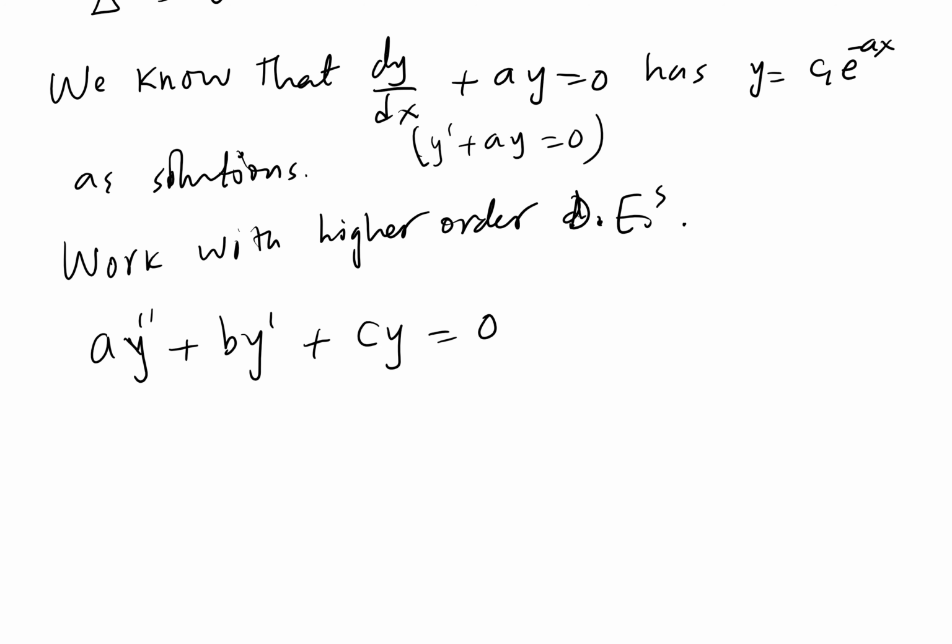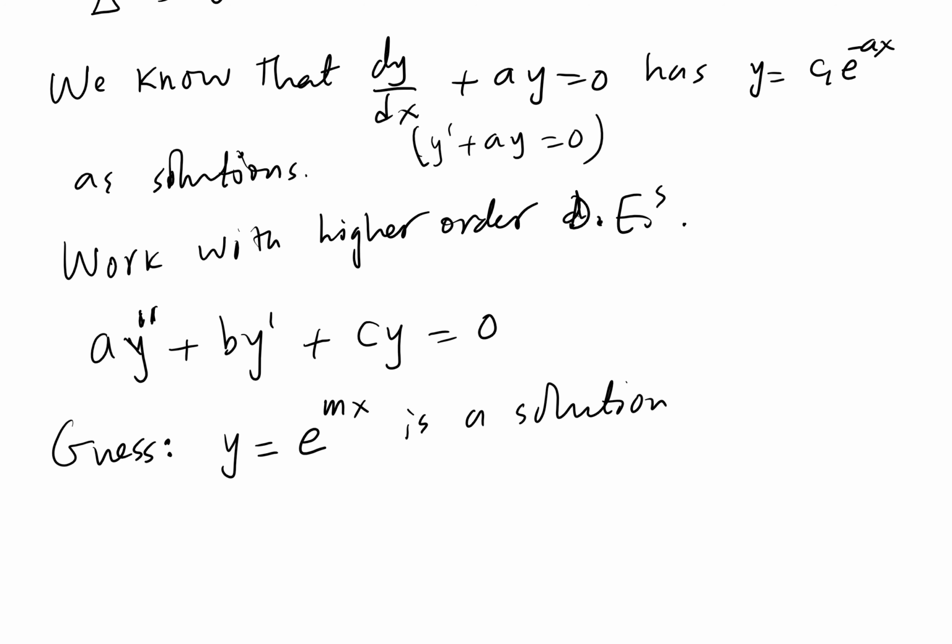Now for this one, we don't know how to get this, but let's try to guess that y equals e to the mx, which takes the same form. Let's call this equation 1. Say that's a solution.